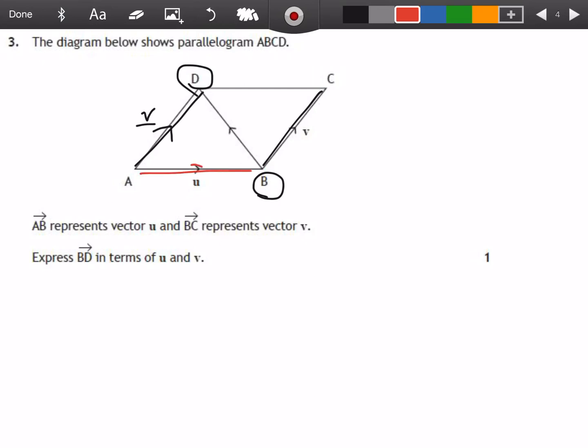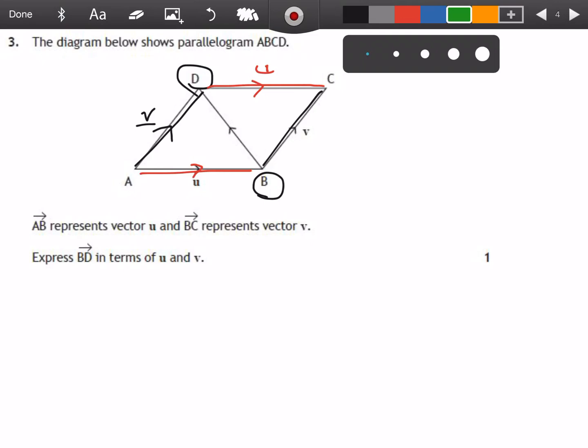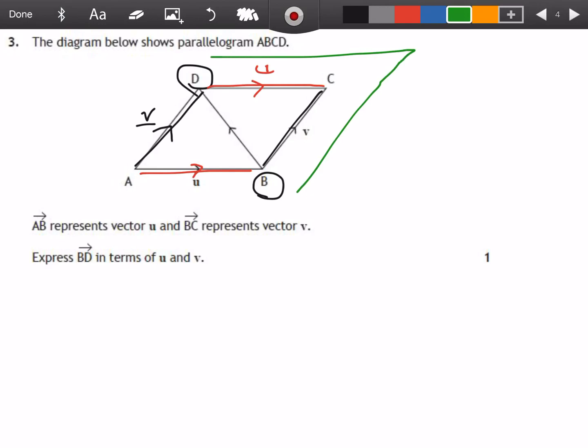This one across the bottom in that direction is vector U. That means also this one across the top in the same direction is also vector U. Okay, so it's this information that's going to help us work out the answer. Find B to D. So start at B and go to D. It doesn't matter which way you go round, it makes no difference. We'll go this way, then that way.